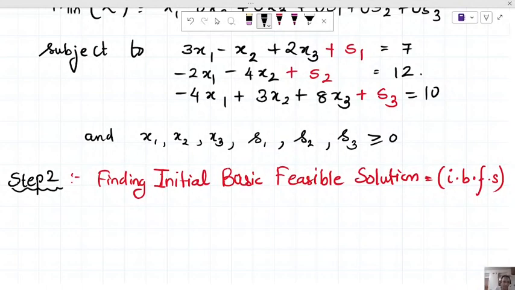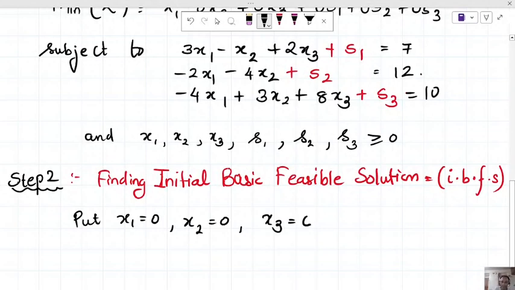So put x1 equal to 0, x2 equal to 0, x3 equal to 0. What do you get from the condition in step number 1?